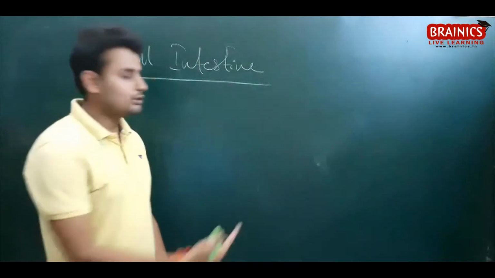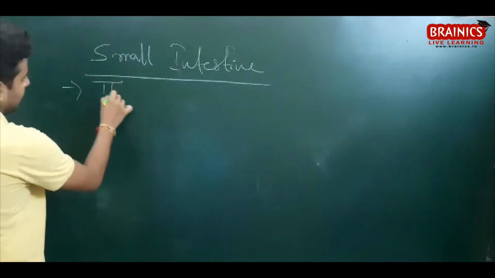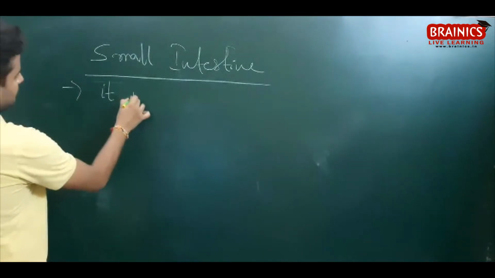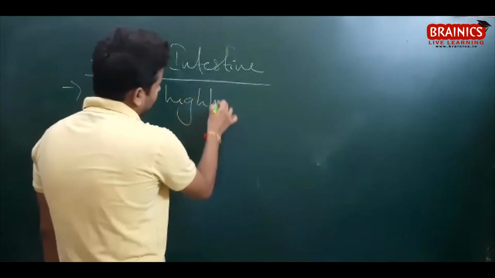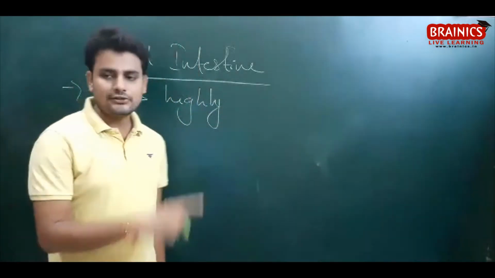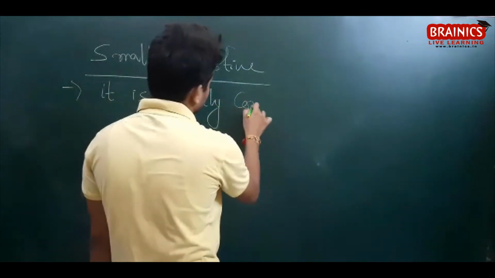Correct? The small intestine is a highly coiled structure, as I have drawn in the figure in the elementary canal, the first diagram.